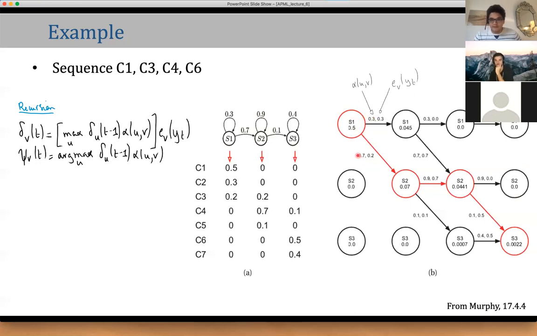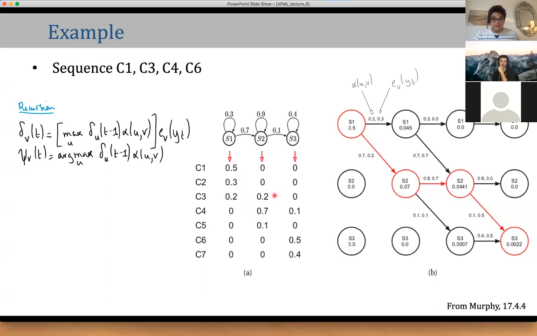What he did to help the computation is that he wrote on each arrow the transition probability. You see from S1 to S1 is 0.3. For S1 to S2 is 0.7. And then you have the emission probability next to it. So you see if you have a C3 in S2, it's 0.0.